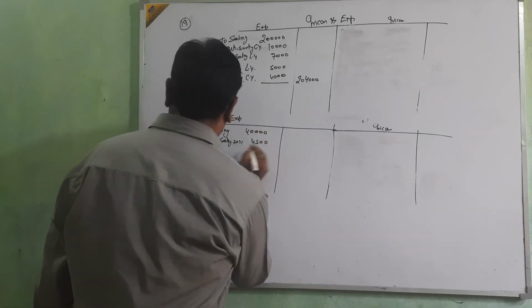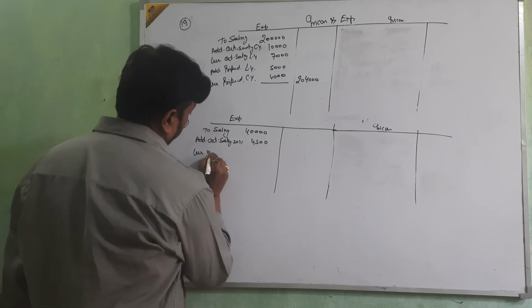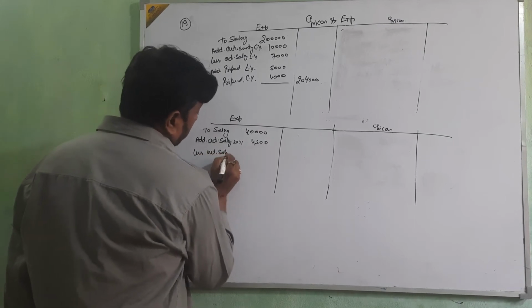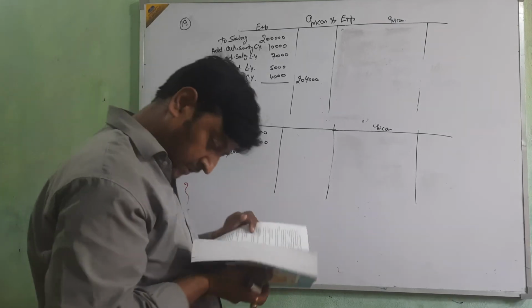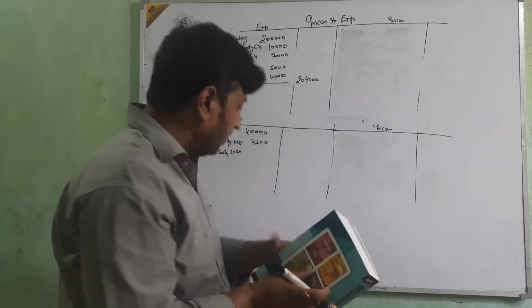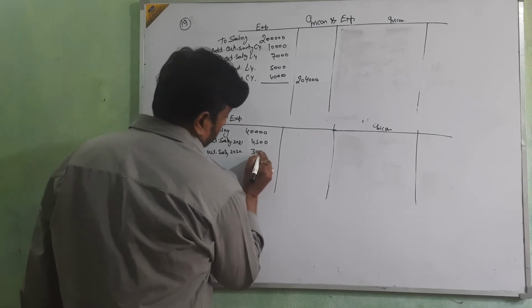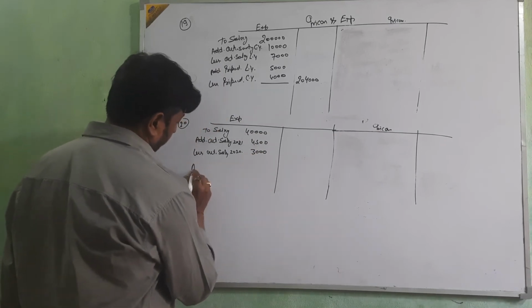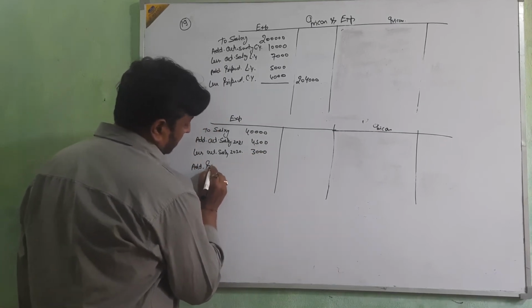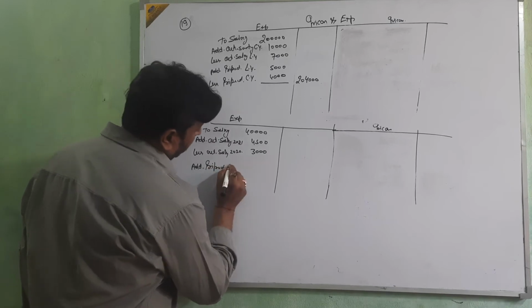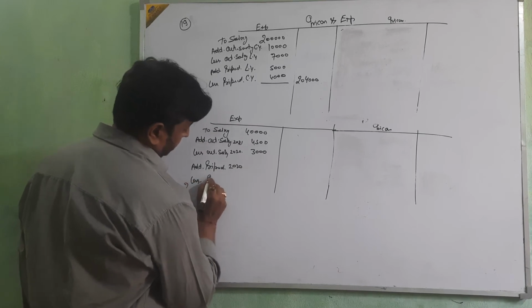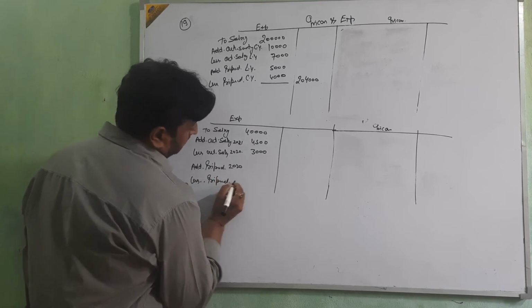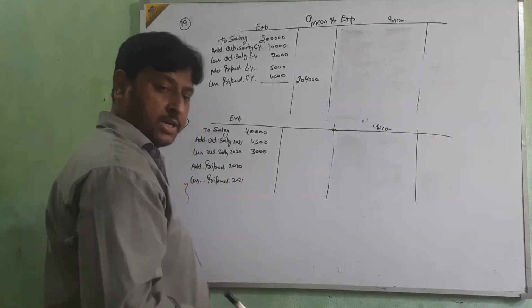Okay, then less outstanding salary 2020, and that will be 3,000. Then add prepaid 2020 and less prepaid 2021.